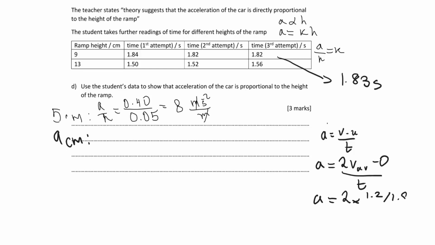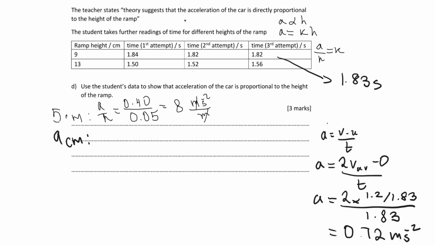So 1.2 divided by 1.83. Then I'm going to need to divide that by the average time again, which is 1.83. And up to 2 significant figures, this gives me around 0.72 meters per second squared.